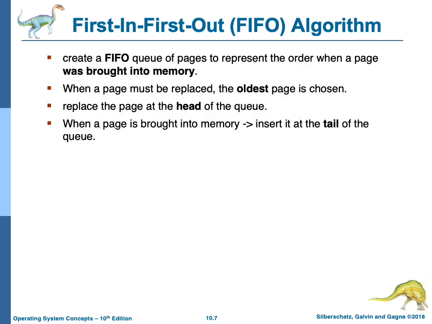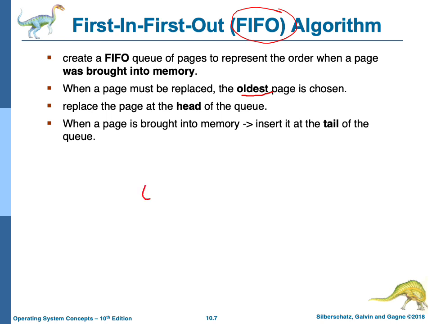The simplest page replacement algorithm, of course, is FIFO, first in, first out. So really we replace the oldest page in the queue. We keep a queue of the pages accessed by a process.